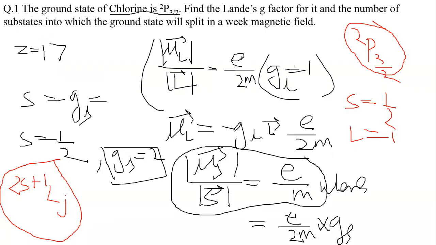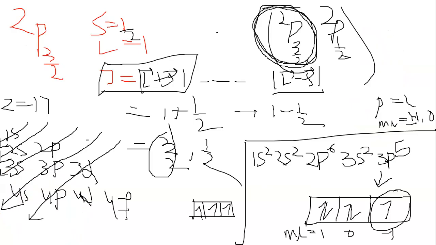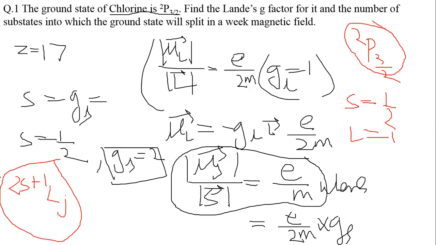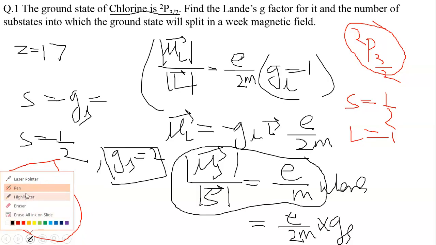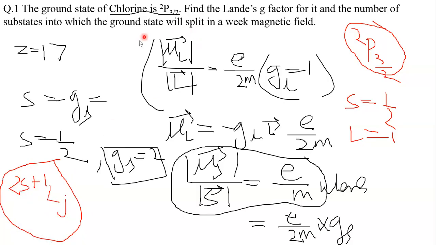So in the question, what is given is to find the Lande g factor for it. So we will first find the Lande g factor. We know that here we considered mu L by L equals g L into e by 2m, and here g S into e by 2m.